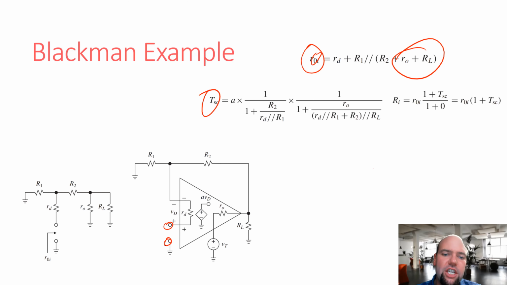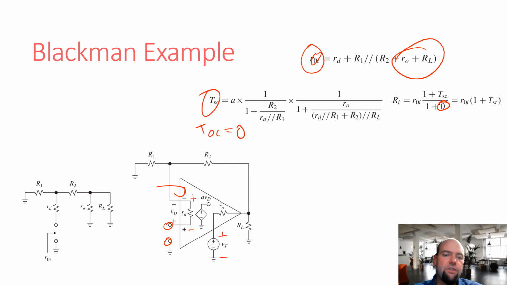We're looking for the ratio of this voltage here divided by this voltage here. But when this is open circuit, there can be no current flow through RD, which means there can be no voltage, which means the open circuit return ratio has got to be 0, which is reflected here.